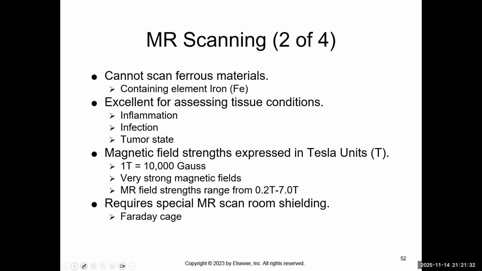The MRI rooms are typically shielded by what we call a Faraday cage. That cage usually blocks out radio waves so that they don't interfere with the patient's scan. So again, if you haven't been checked, no one should go past the threshold of the MRI door.